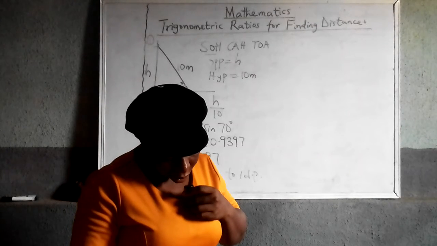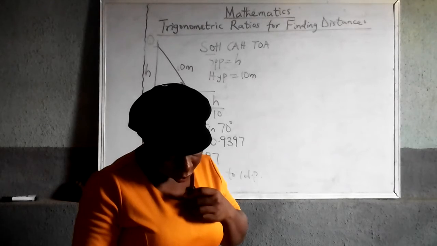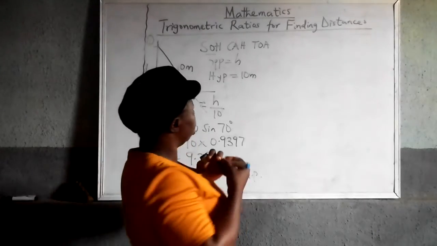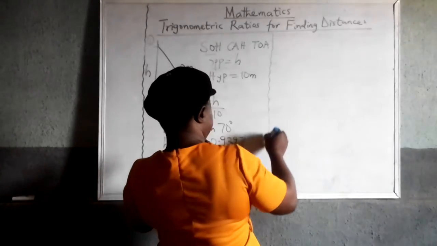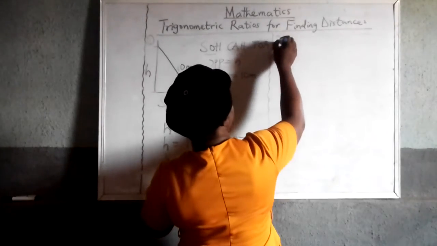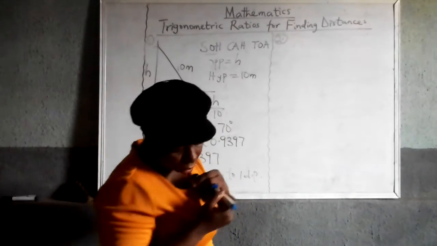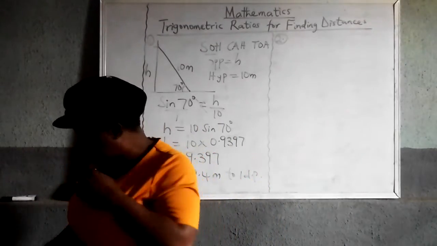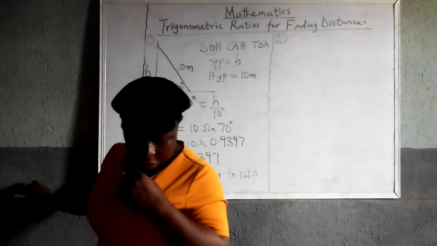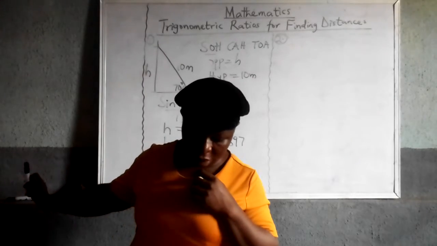Let's quickly look at another question, and that will be the second example. Example 2. You write the question. The sides of an isosceles triangle are 6 centimeters, 8 centimeters, and 8 centimeters.